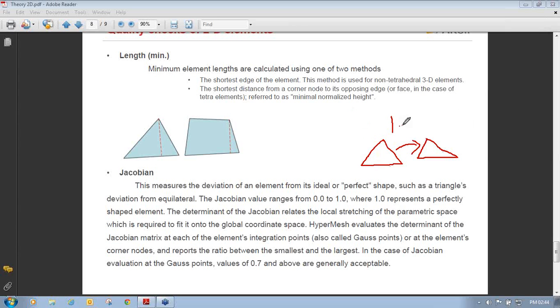Deviation up to 0.7 is allowed. Below that, we should always try to make sure that these elements are improved. To improve these elements, we have different panels available, so we can improve the quality of elements failing in Jacobian.